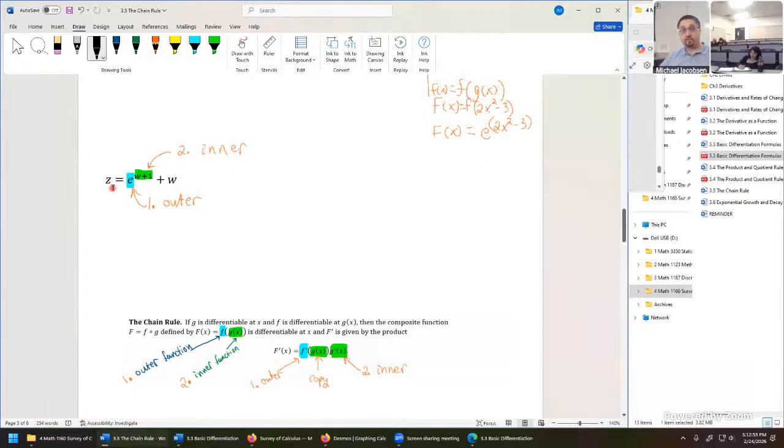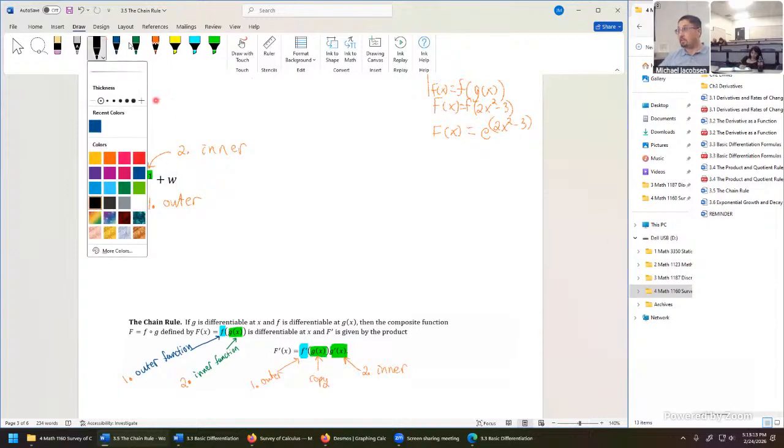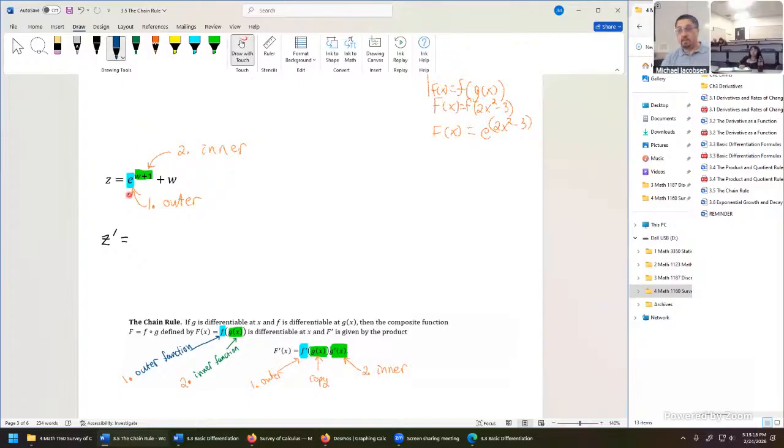So now we're ready to differentiate on this very first term. I still want to write it down in this organization just so that we can really internalize how this all comes together. So we'll say differentiating this term, z prime, is going to be first the derivative of the outer function. The derivative of a base e exponential goes like this, e to some power.